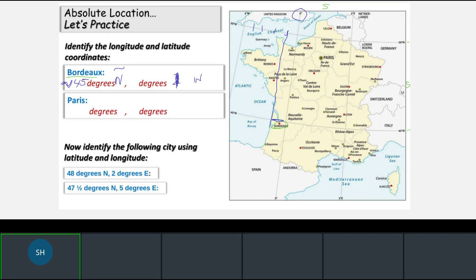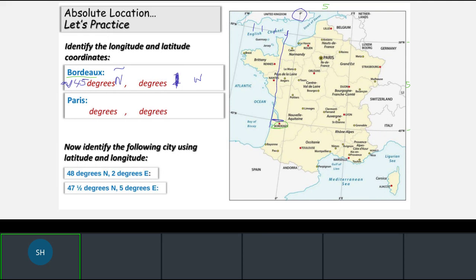So we are close-ish there. Close to the 45. It's 44.8, so we could round that up. And it's exactly 0.5792 degrees west. So we're going to round that up. And since we're on this map, we'll just call it 1 degree west.